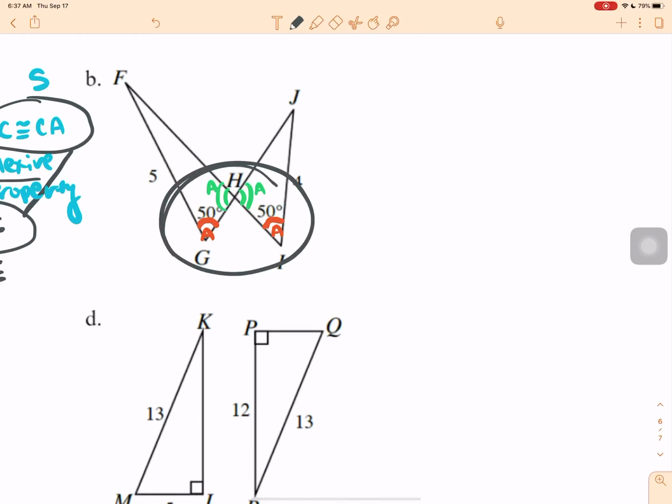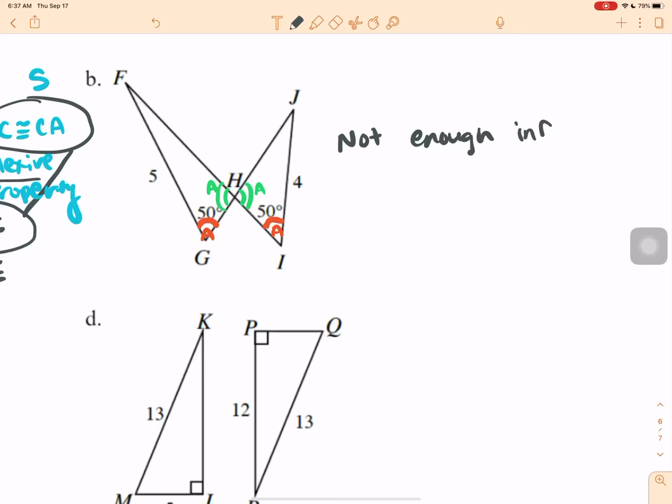With these two angles, there is not enough information to prove the two triangles congruent.